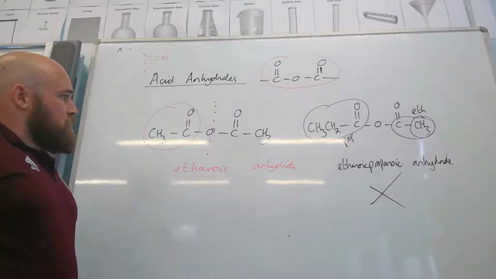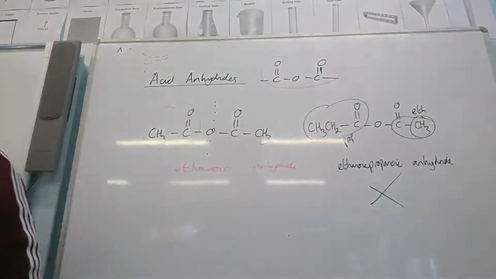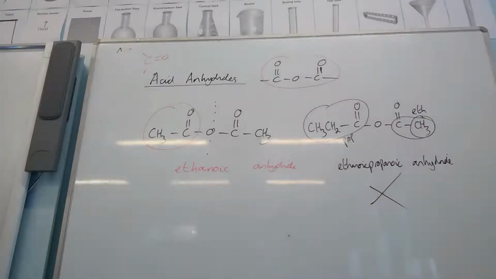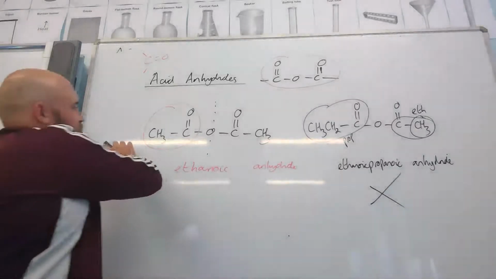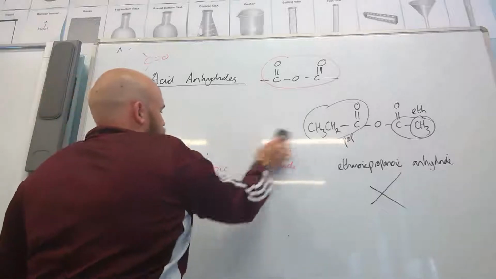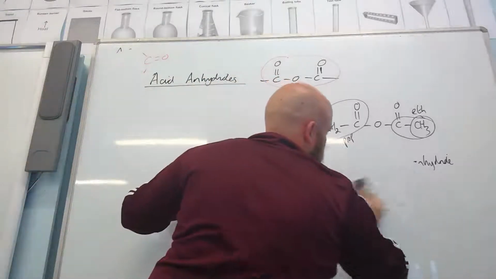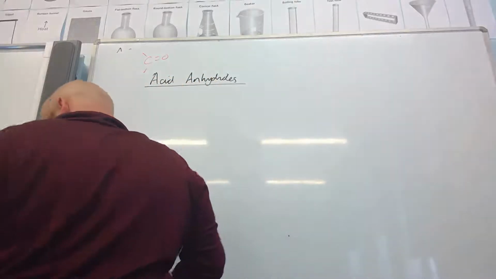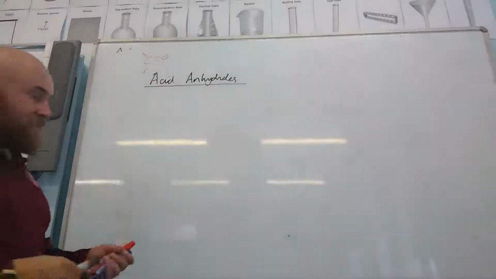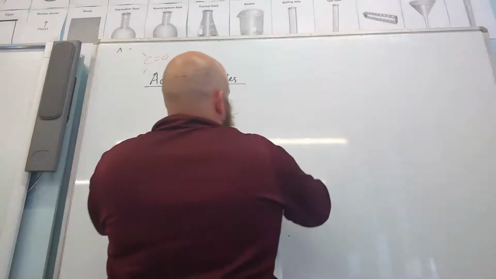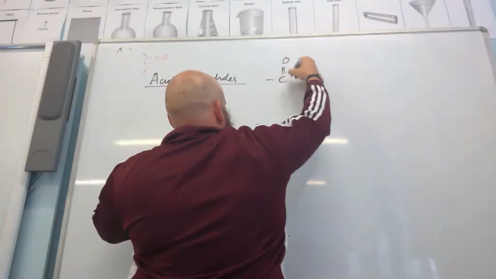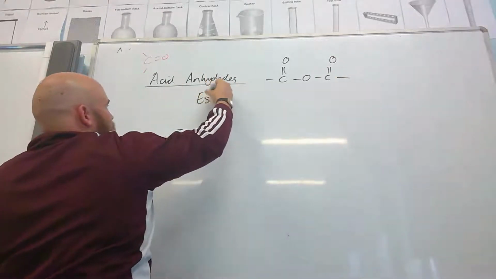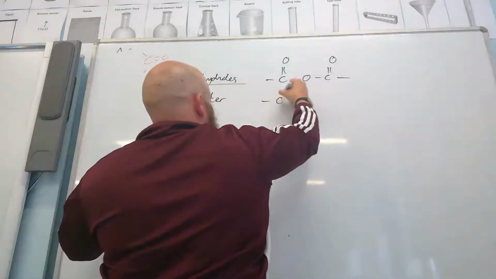Right then, let's have a look at the esters. Now, in fact, I'm going to leave that anhydride up to show you a difference here. So that's an anhydride. An ester is this.